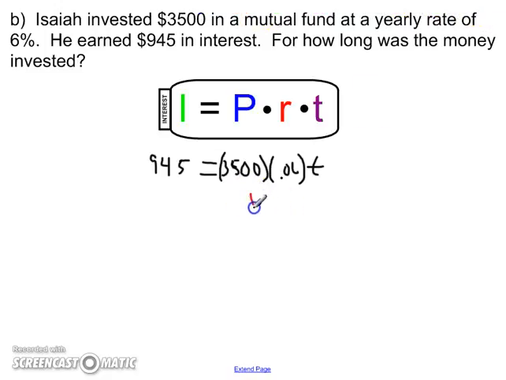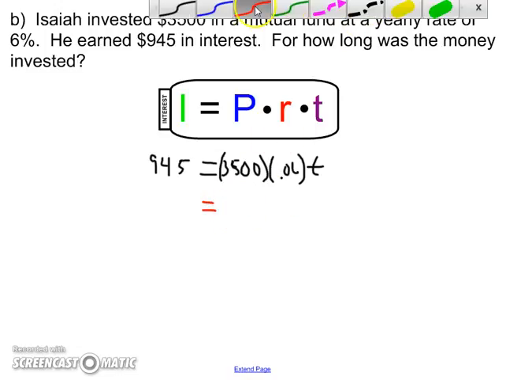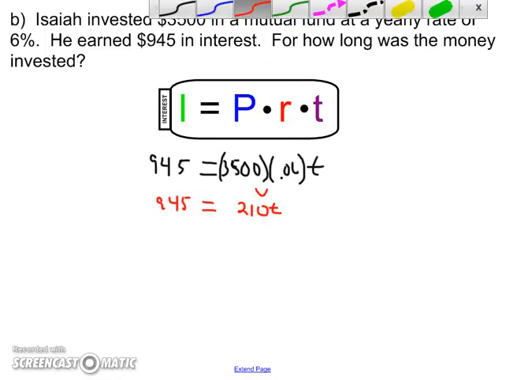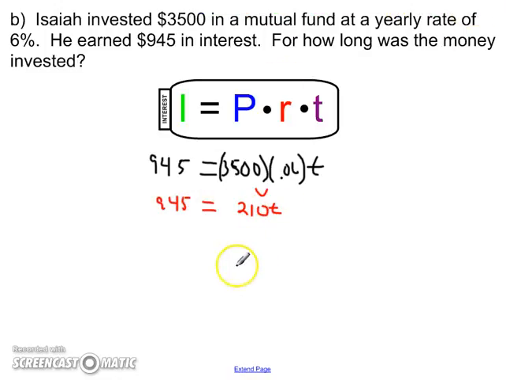First I'm going to clean this up a little bit. I'm going to multiply 3,500 times my rate, 0.06. That's 210, still times T equals 945. Now to solve my equation, let me divide both sides by 210.